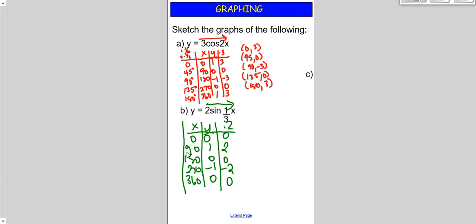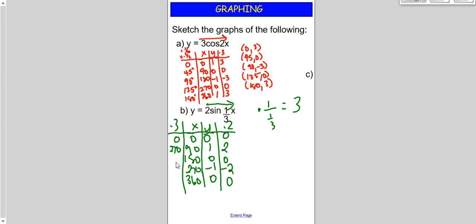And then I need to multiply by 1 over 1/3, which is actually going to just equal 3. So times by 3. And 0 times 3 is still 0. And 90 times 3 is 270.